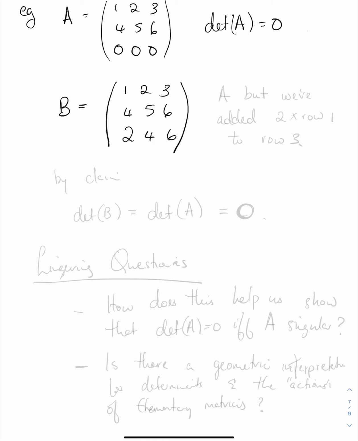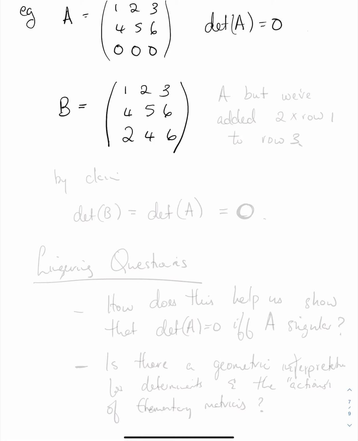And we want to find the determinant of B. Notice that B is the matrix where we added 2 times row 1 to row 3.